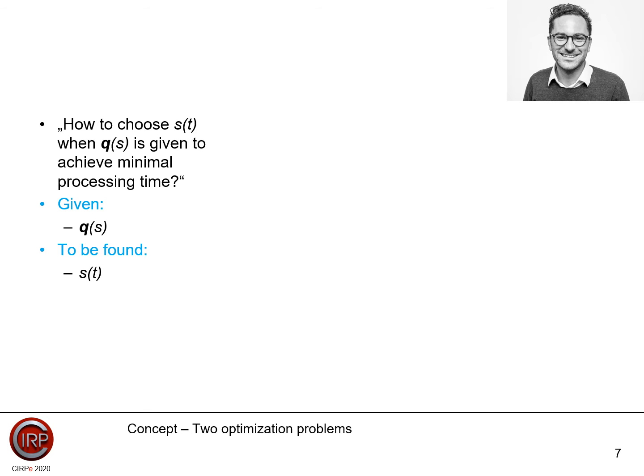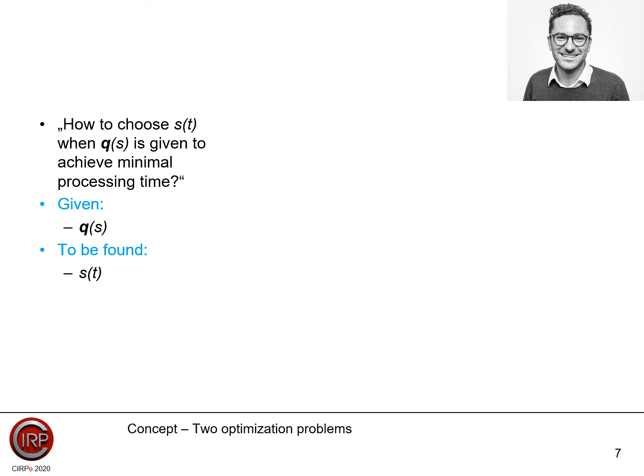Now the question is, how can we describe the problem in a proper way? We see the problem of tool orientation in path planning is based on two major questions that are coupled. One question is how to choose s(t), so the path, when q(s), so the pose, is given, to achieve minimal processing time.